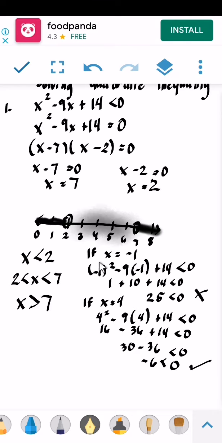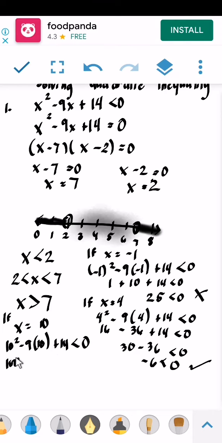And then the last one is, is it true that if x is greater than 7, let's say 10, will it be greater or less than 0? So, let's try. Let's substitute. So, magiging 10 squared minus 9 times 10 plus 14 is less than 0.